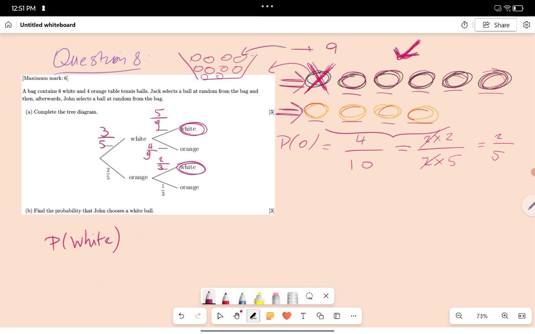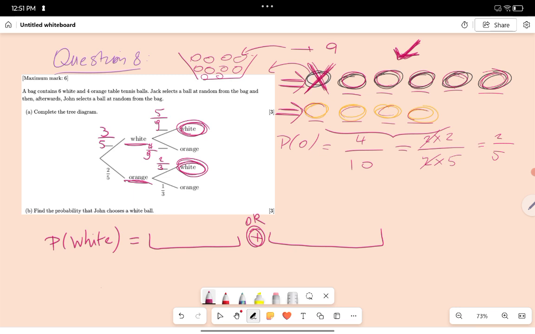So we have 2 possibilities of having the white one like this, and then we take the sum of the 2 probabilities because it's or. We have 2 options. So he can either take the white one by taking the first one as a white one, or taking the white one here and having had the orange one as the third one.